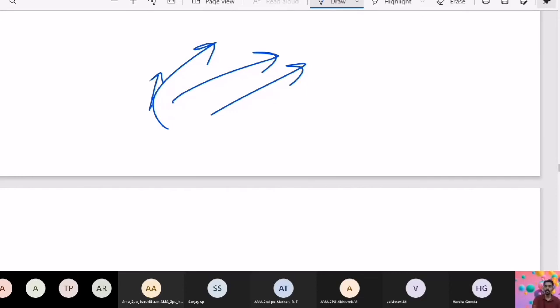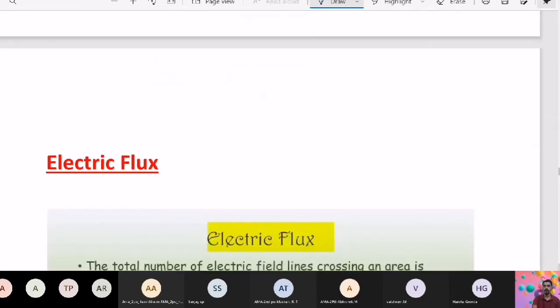Those imaginary lines we imagine to illustrate the field in that region, we call electric field lines. What you have to remember mainly is what kind of pattern will be there for the field lines in case of a positive charge, a negative charge, or a combination of charges. So please try to revise everything and ask me if there is any doubt further.